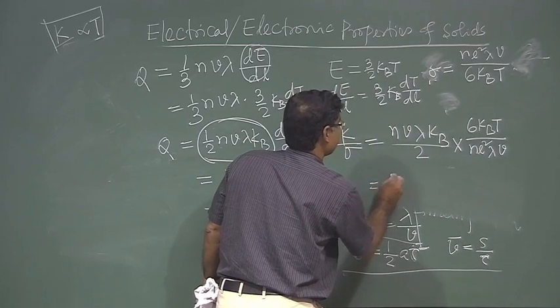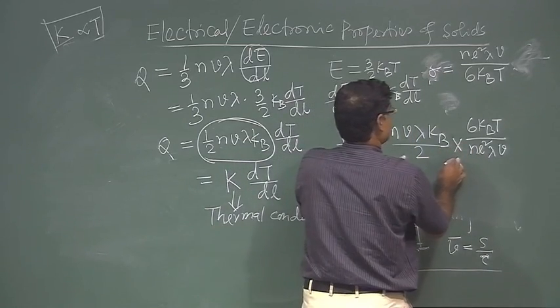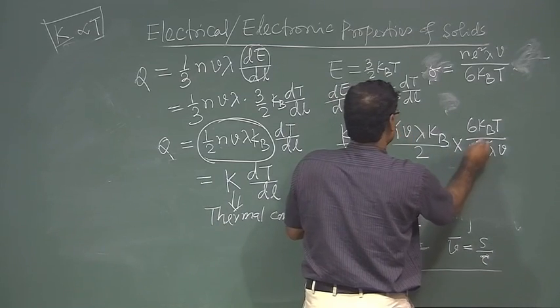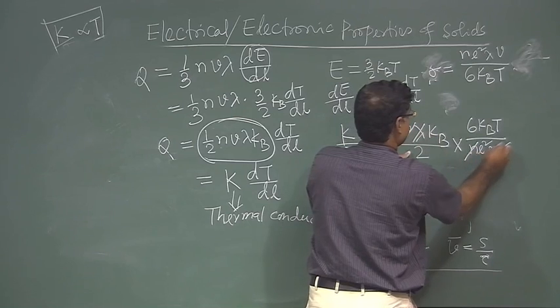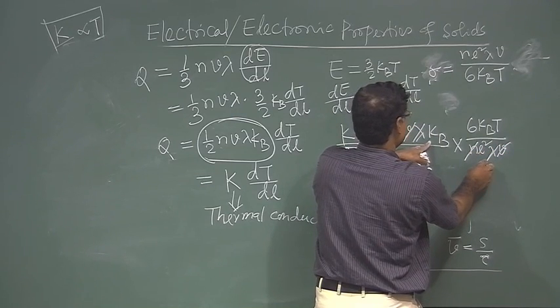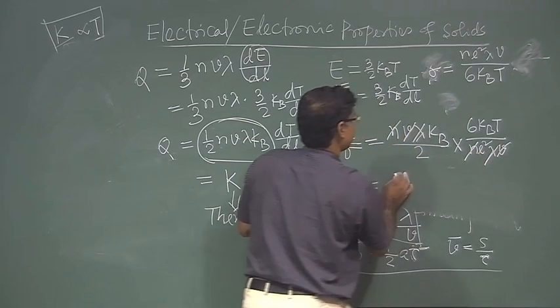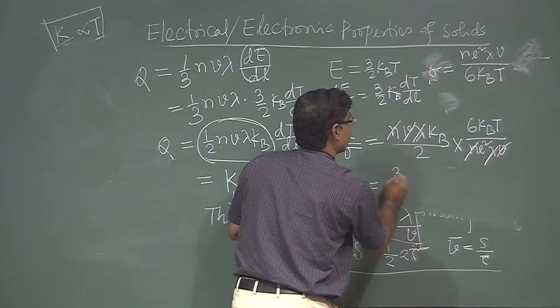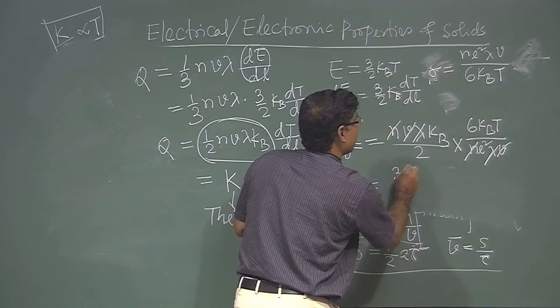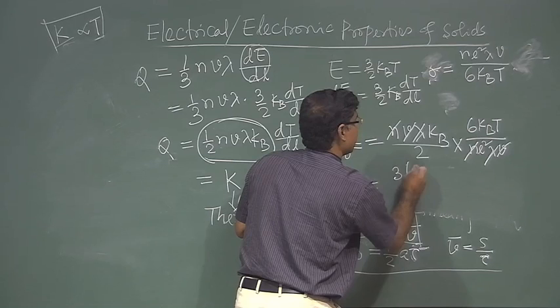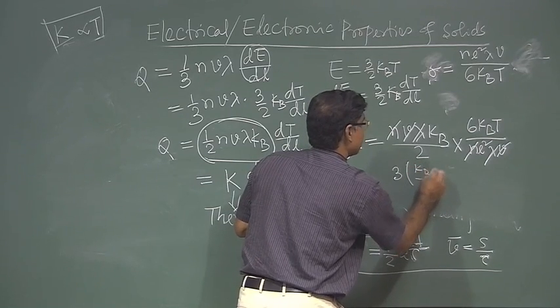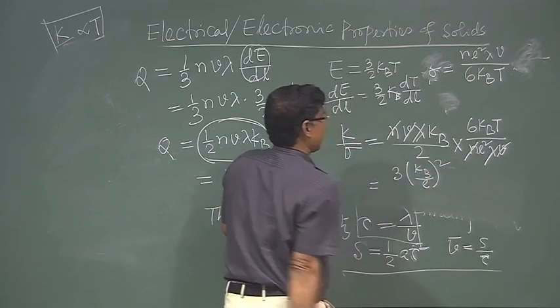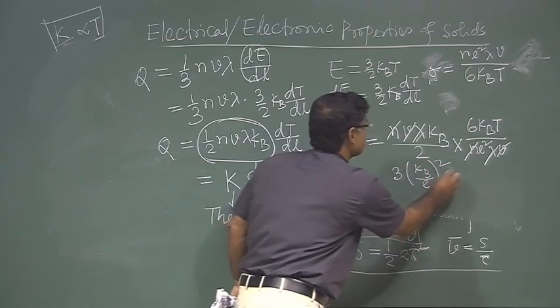So, I will get 3. What I am getting is that n will go, v will go, lambda will go, and I am getting 3 kB by e whole square into T, right.